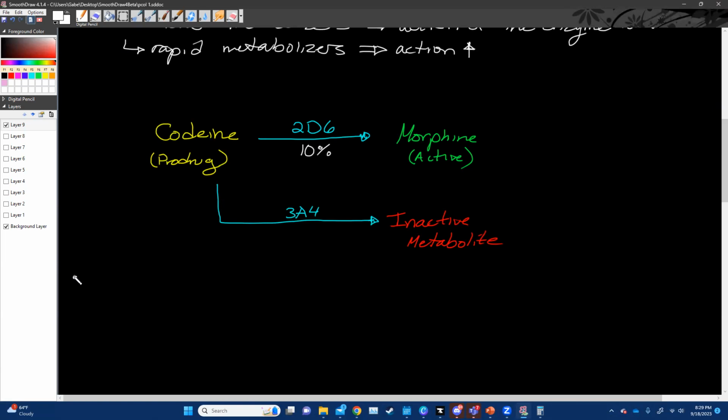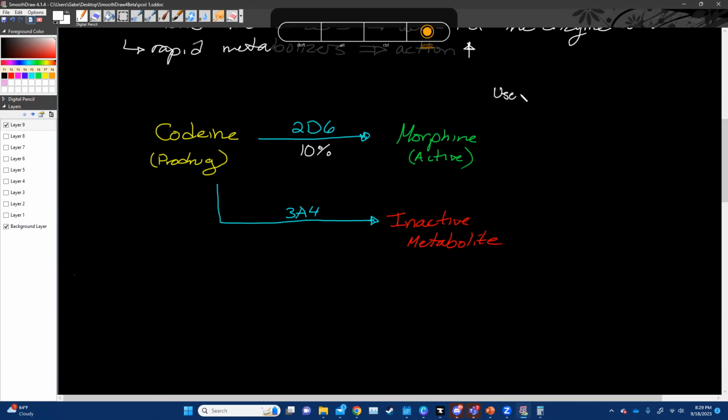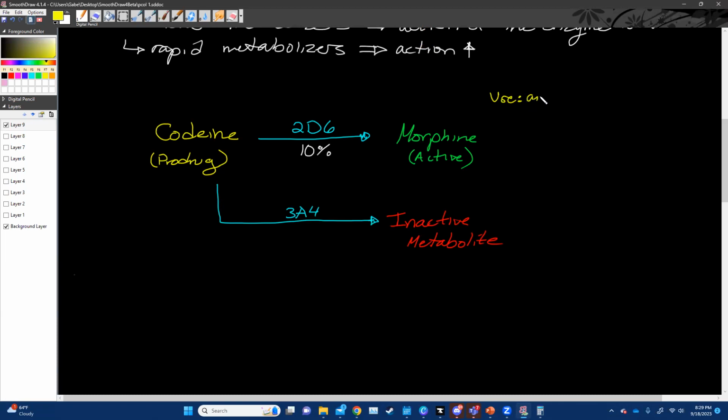The reason why we use codeine is for anti-cough, anti-pain. The side effects associated with codeine are CNS depression, so you get really, really sleepy, and respiratory depression, meaning that your ability to breathe is decreased, among other things.